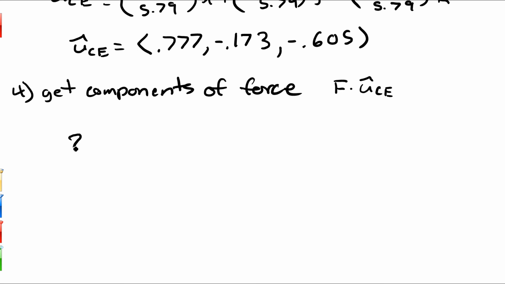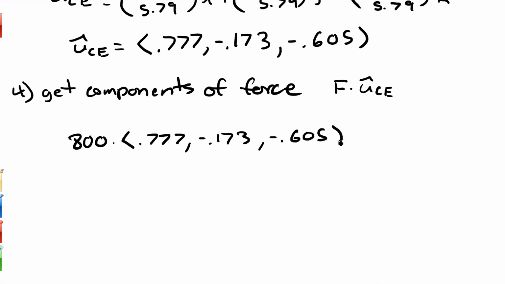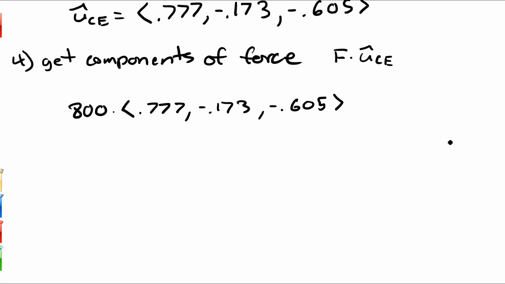So we have 800 dotted with 0.777, negative 0.173, negative 0.605, and you're just going to take this and multiply through. This should be fairly straightforward.